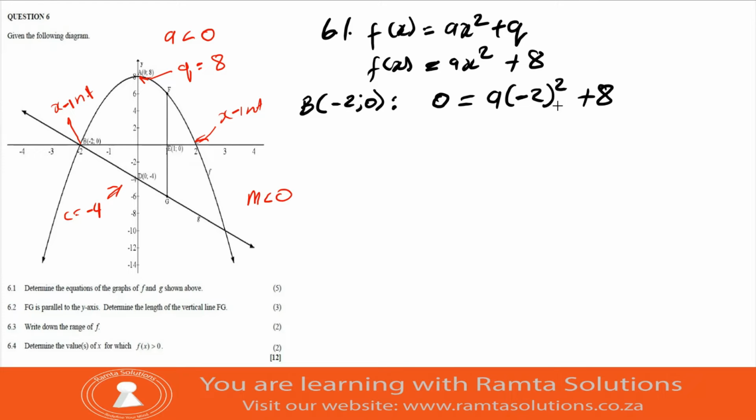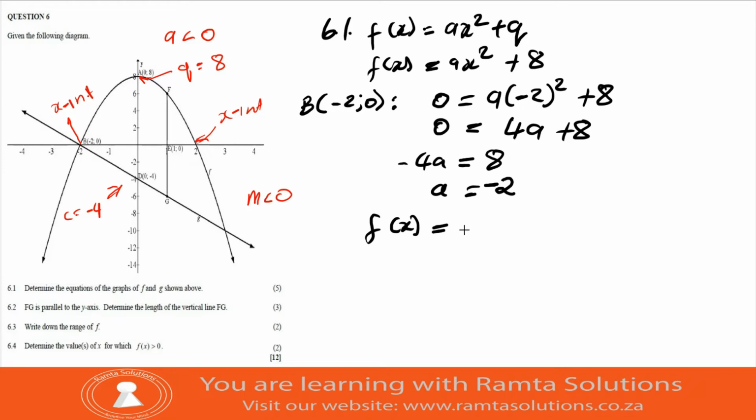Now we have 4a plus 8, -4a equals 8. Therefore, a equals -2. We can conclude and say f of x is basically equal to -2x squared plus 8. Indeed, like I was expecting, I expected our a to be negative because the graph is frowning. So we are on the right track.